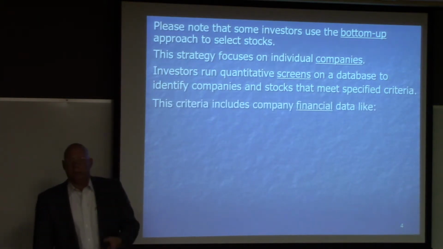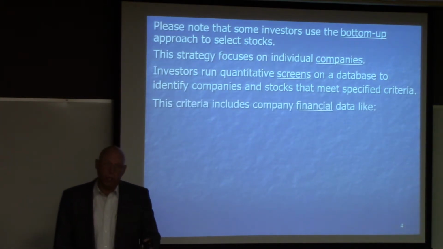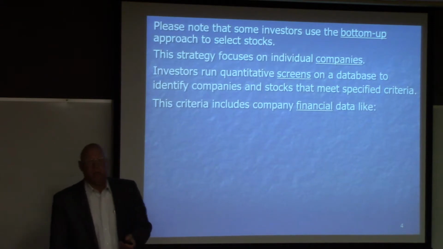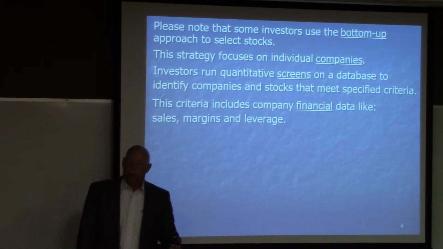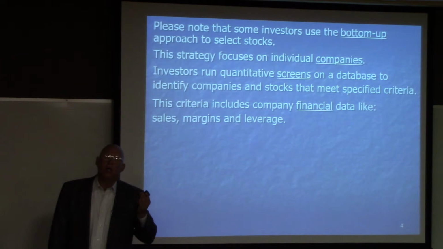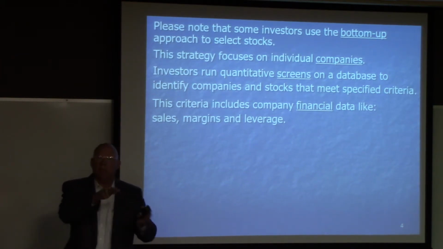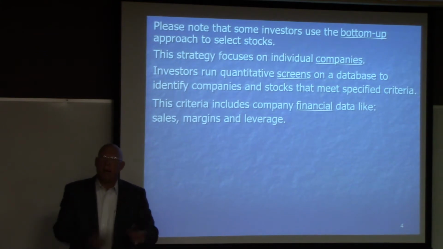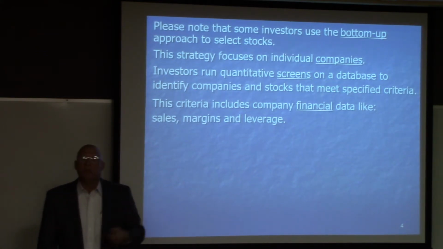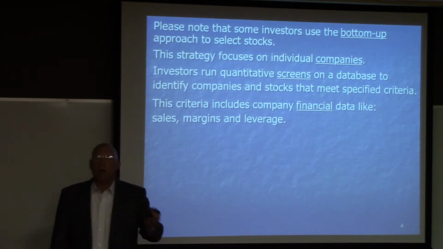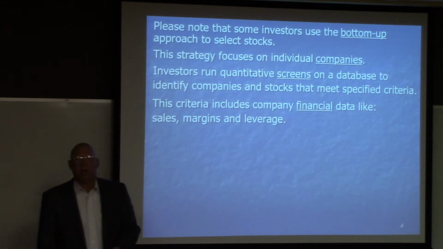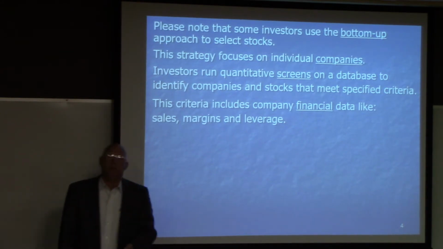And this criteria, the things you look at, the things you screen on, is financial data like sales. Maybe you want to see companies that have sales that are greater than a certain amount but less than a certain amount, maybe kind of mid-cap type stocks. We've looked at that, the micro cap, the small cap, the mid-cap, the large cap, and the giant cap. We've looked at that in the index section.